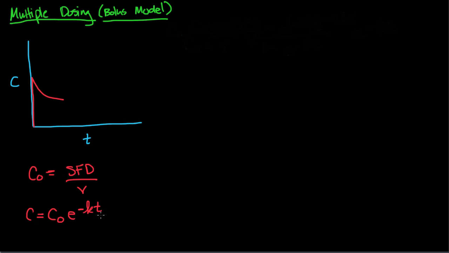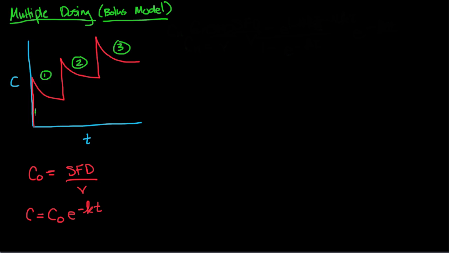Now, what you want to do with multiple dosing is think about it as a bunch of successive bolus doses. So we're going to go up, decay a little, go up again, decay a little, go up, and decay a little. In this graph that I just drew, we did 3 doses, 1, 2, and 3. And the time between each dose is going to be this variable tau.